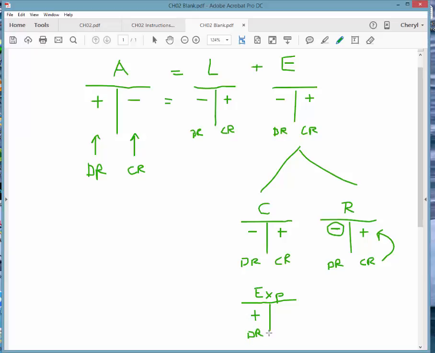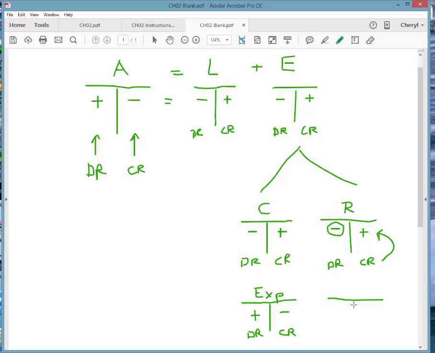So after a while, once we get into chapter 4, we'll see how the total of all of our debits and our expenses is going to eventually decrease our equity. So if debits increase our expenses, that means credits decrease our expenses.